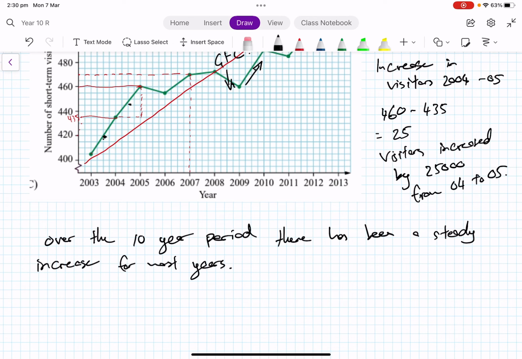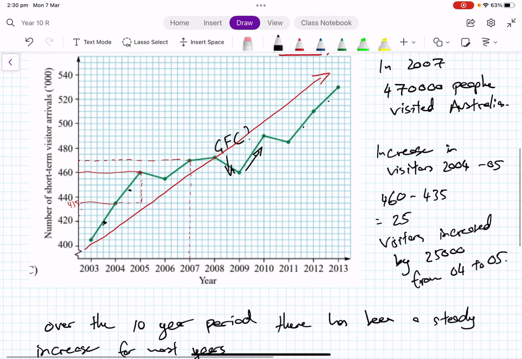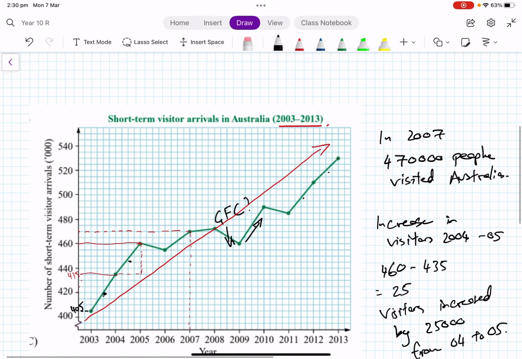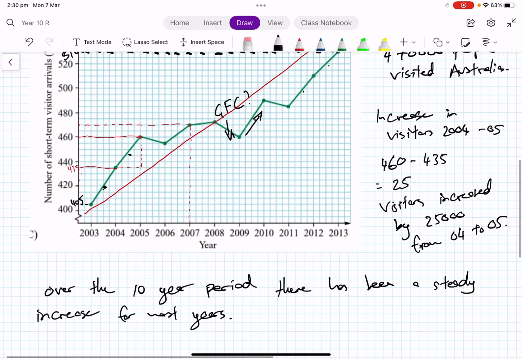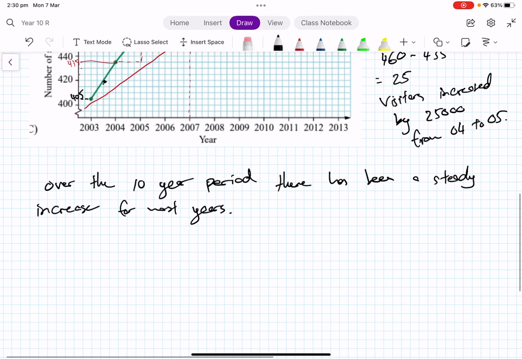All right, so basically that's true. If you compare, there's 405,000 down here. That's 405, and up here in 2013, go across, that's 510. So in 10 years, the annual numbers have changed by over 100,000, which is significant growth. So that's kind of a trend.